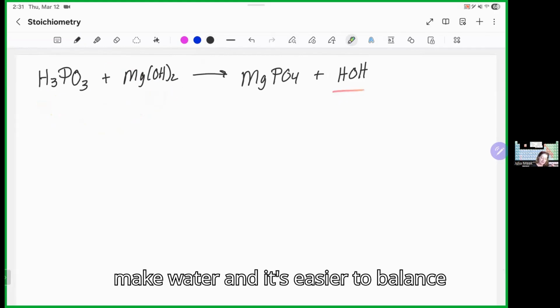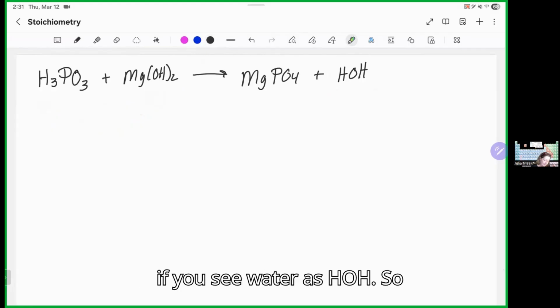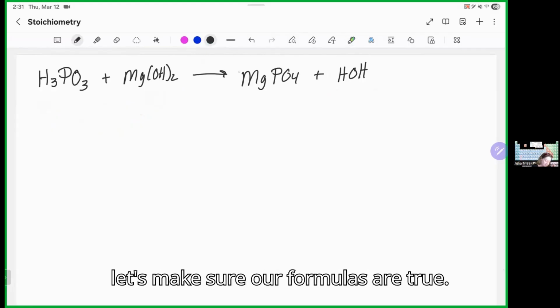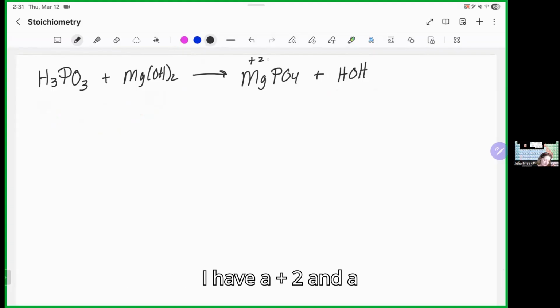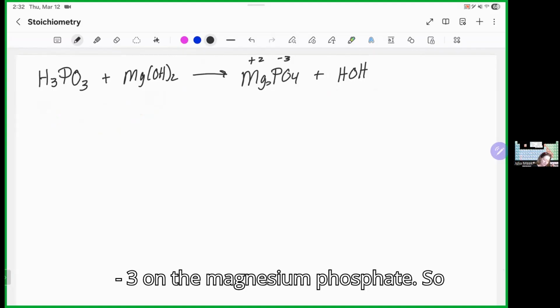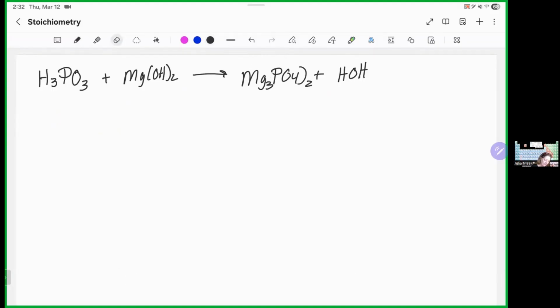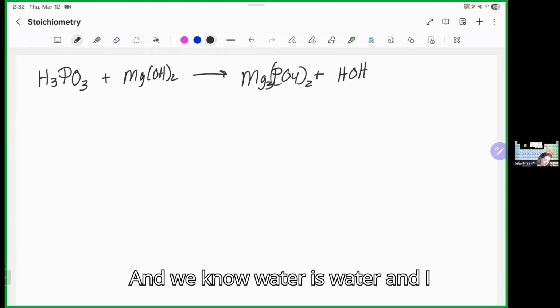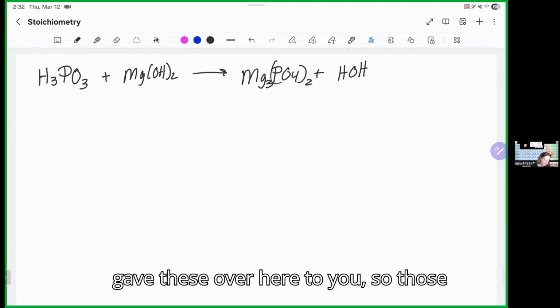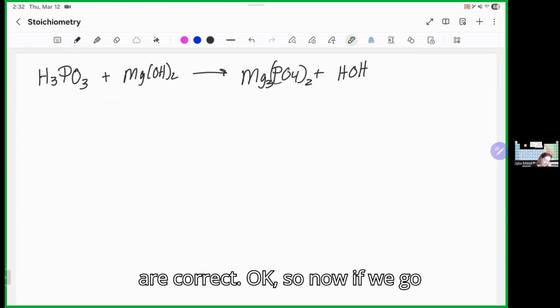Okay, they always make water, and it's easier to balance if you see water as HOH. So let's make sure our formulas are true. I have a +2 and a -3 on the magnesium phosphate. So I need 3 magnesiums, 2 phosphates. And we know water is water. And I gave these over here to you, so those are correct.